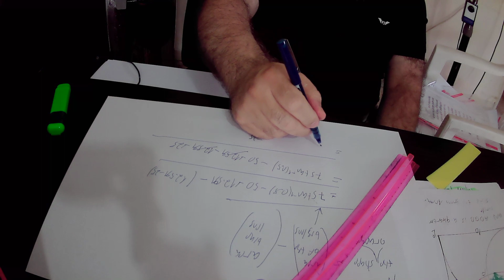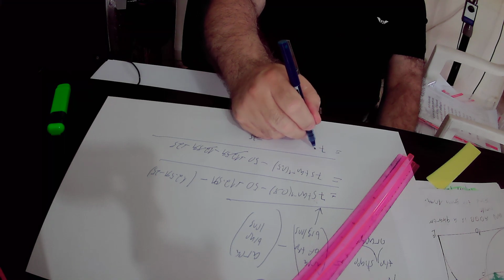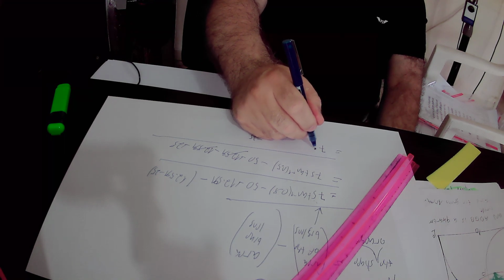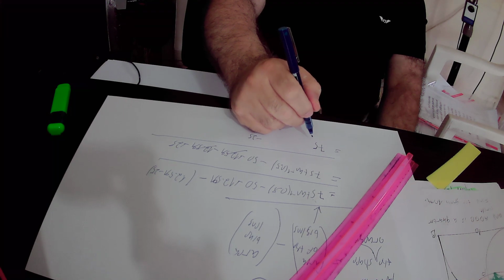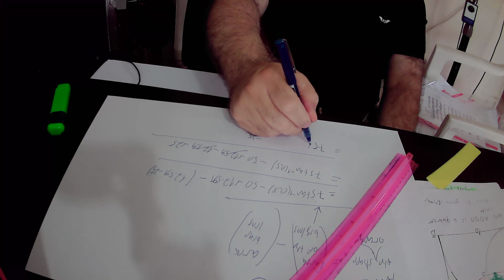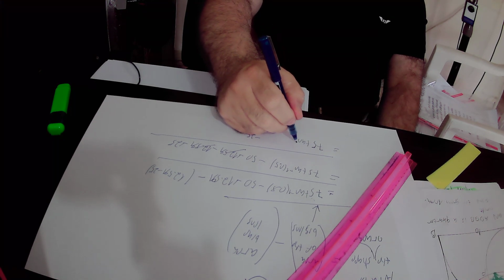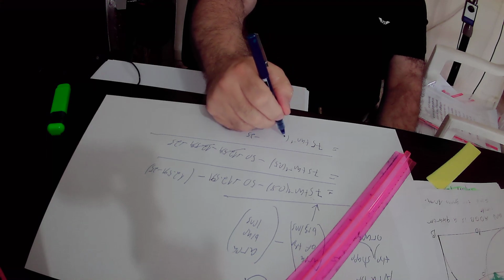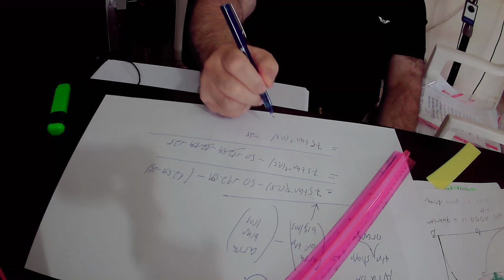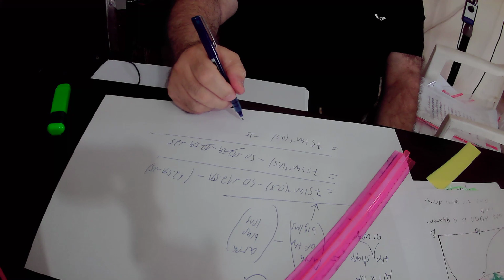So in conclusion, we found out that the area of the green shape equals to the area of the orange shape equals to 75 times tangents minus 1 of 0.5 minus 25.